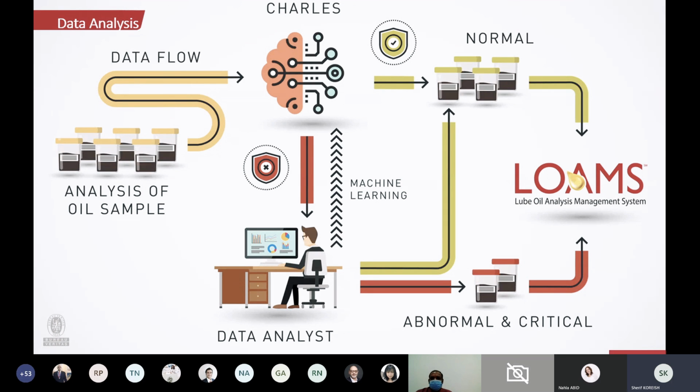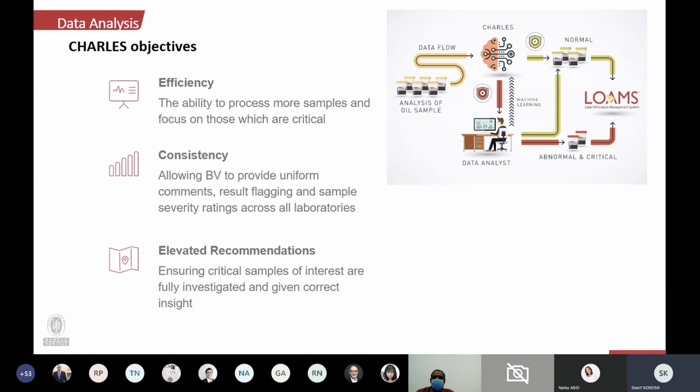So CHARS helps you get a wider view, or look at the wider picture, of your machine and the oil involved by grabbing more information from more data. This, of course, cannot be done except by the machine learning programs we are talking about. The objective of CHARS is providing you with the ability to process more samples and more data and focus on those which are critical, so it filters the information.